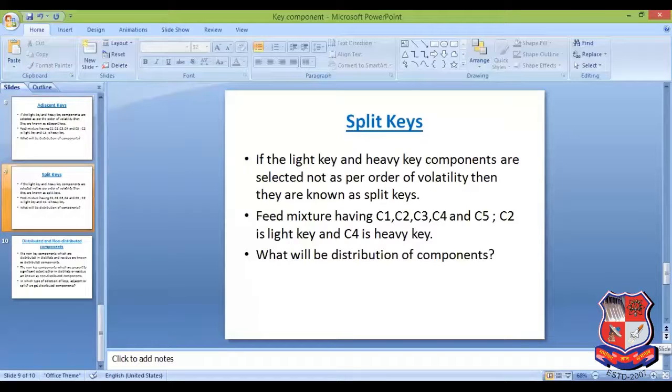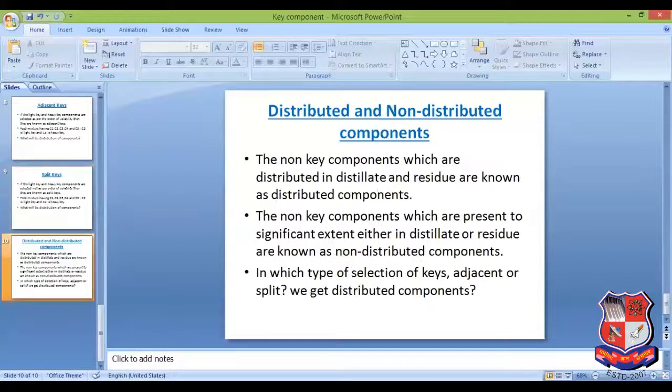Now in case of split key, C2 and C4, the light key and heavy key, are present in distillate and residue, but C3, the component which has volatility in between C2 and C4, will be distributed between distillate and residue. So C3 is not my key component, but still it is distributed in residue and distillate. So this is known as my distributed component, whereas my C1 and C5 will be my non-distributed components.